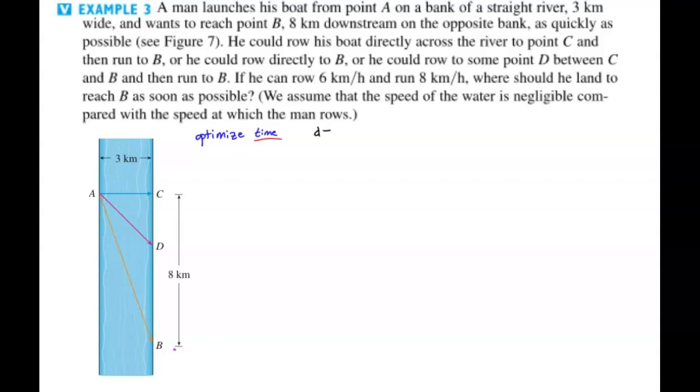D equals RT. Distance equals rate times time. All right. And with that, again, what we're trying to come up with is a function for time. So we can just go ahead and solve for time. And this means that time equals distance divided by rate, right?